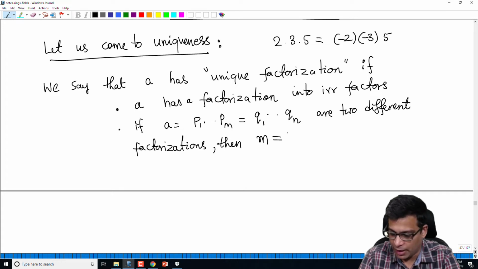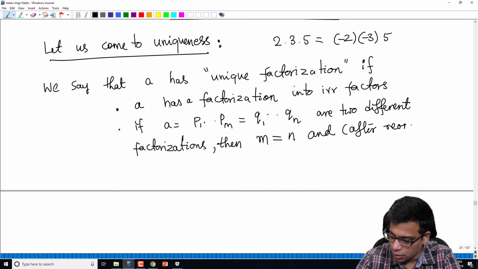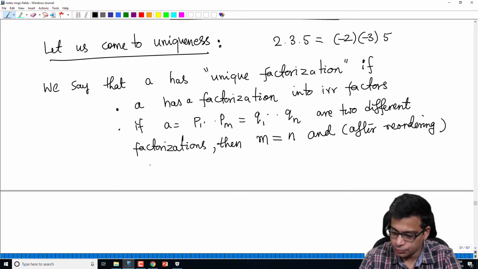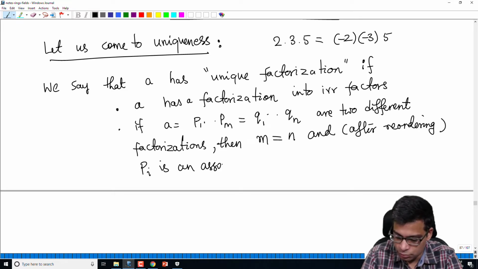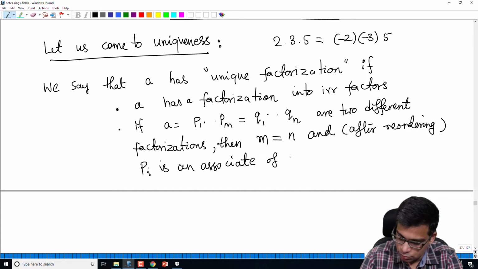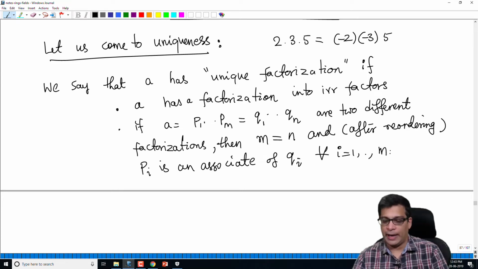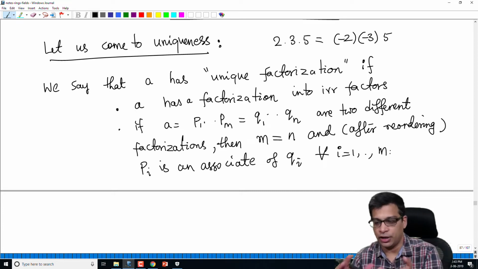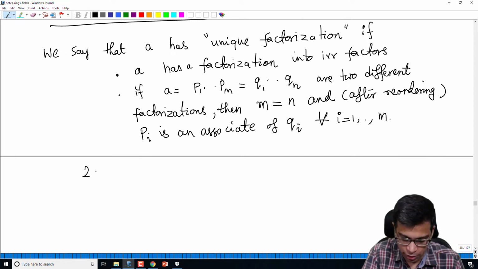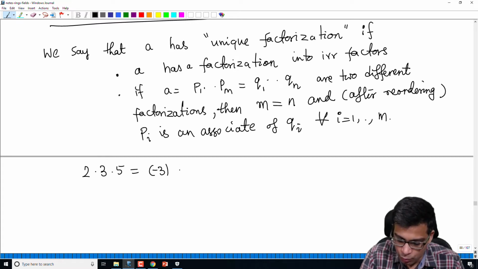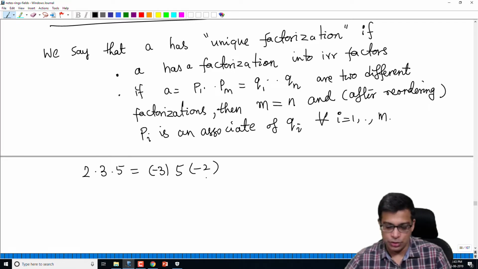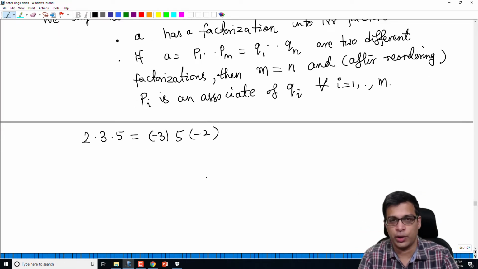Then we must have m equal to n, and after reordering, if needed, Pi is an associate of Qi for all i from 1 to m. So m and n are the same to begin with, and after reordering, because we possibly have to reorder. See, 2, 3, 5 is the same as minus 3, 5, minus 2, right? So unless you reorder, you can't say 2 and minus 3 are associates.